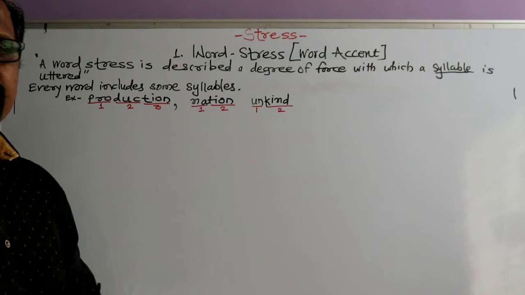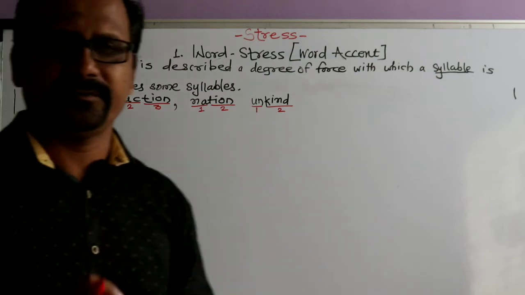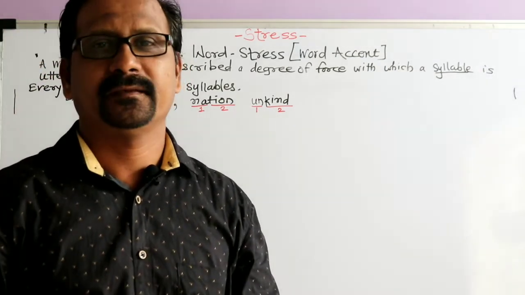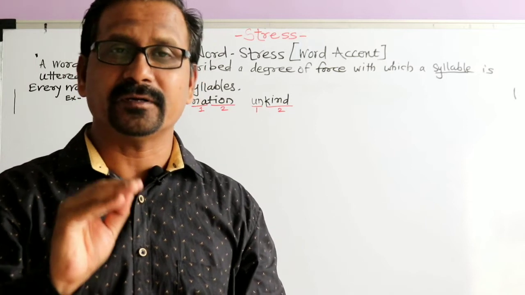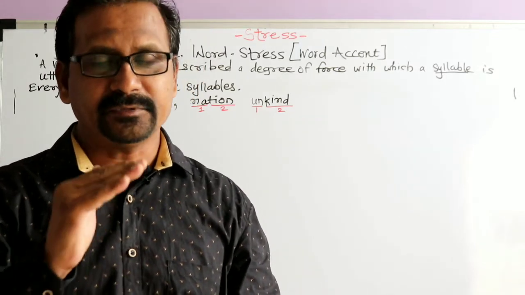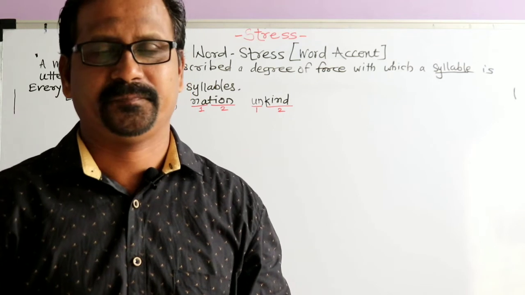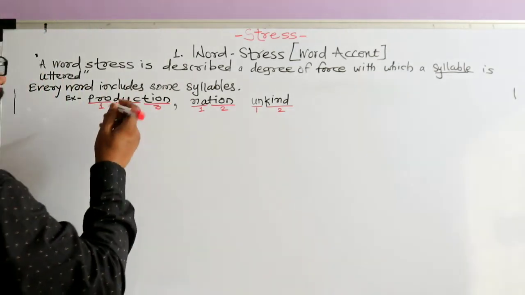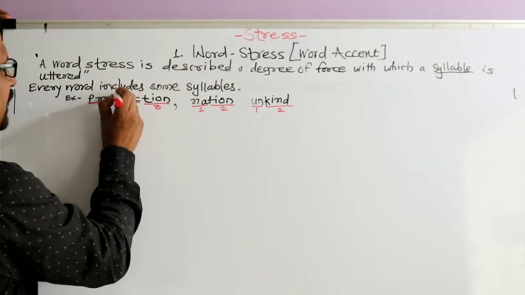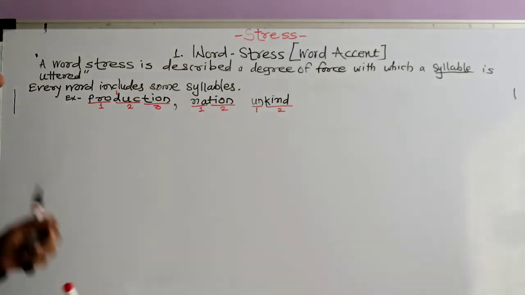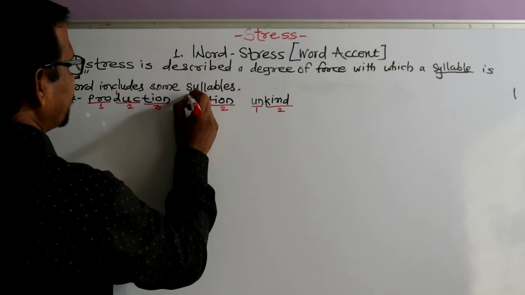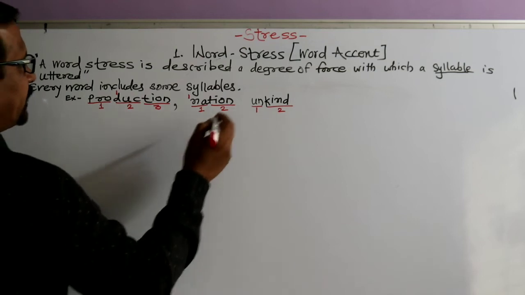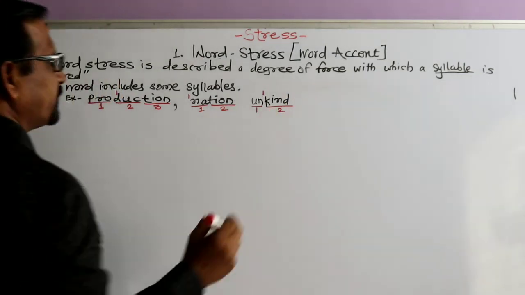But when we produce any kind of sound, some syllables are spoken forcefully, some louder, some in a higher pitch. That is the word trace. For example, in production, the second syllable is traced. In nation, the first syllable is traced, and in unkind, the second syllable is traced.